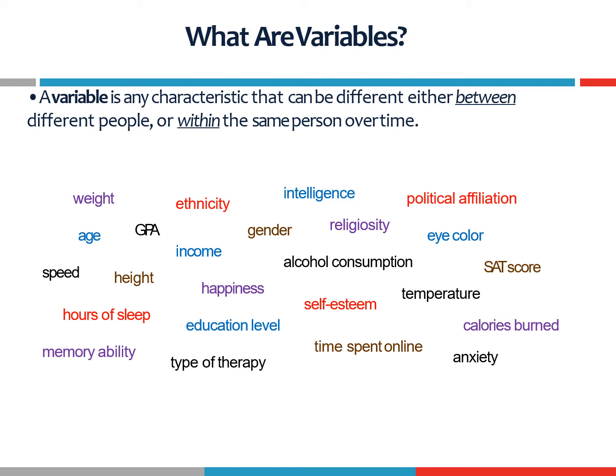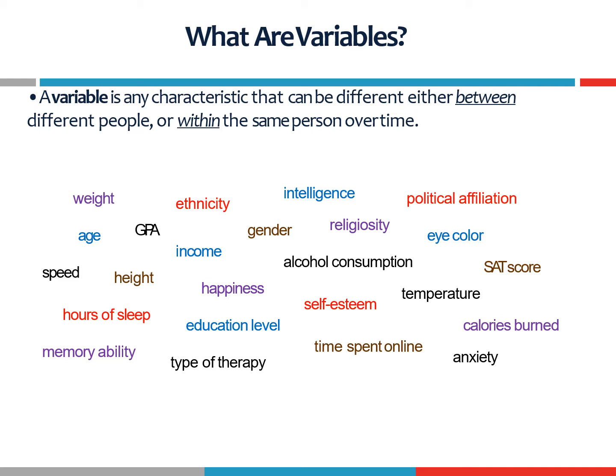Most of you, from our previous discussion about research methods in the first half of the semester, will recall that a variable is essentially any factor or characteristic that can be different either between different people or within the same person over time, right?